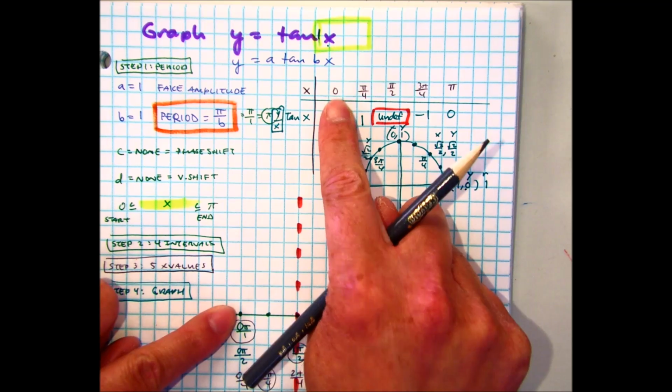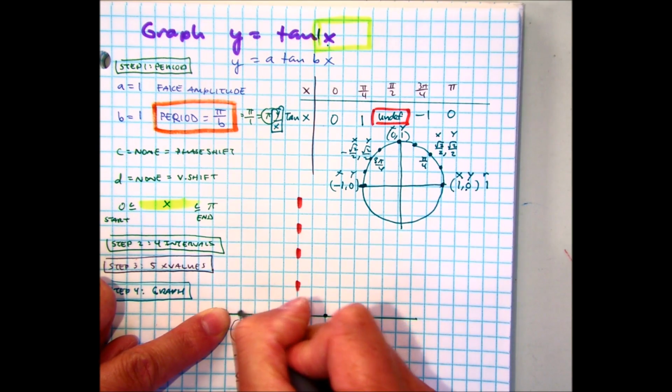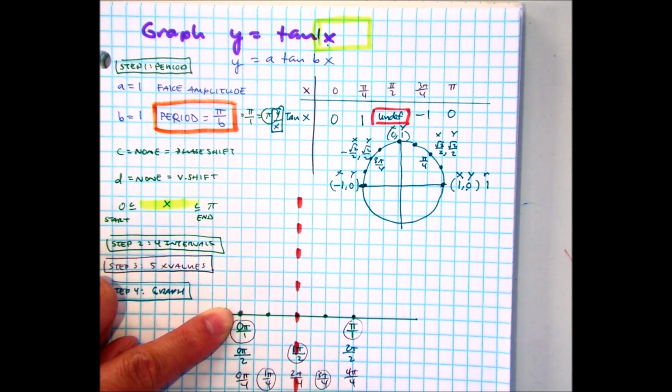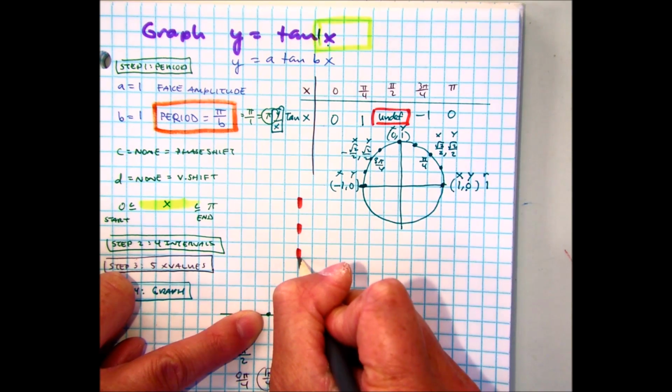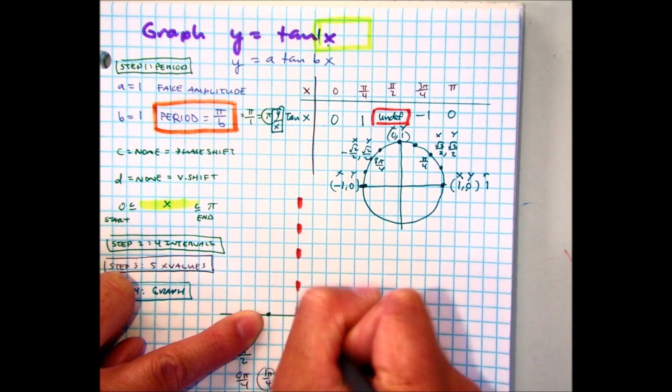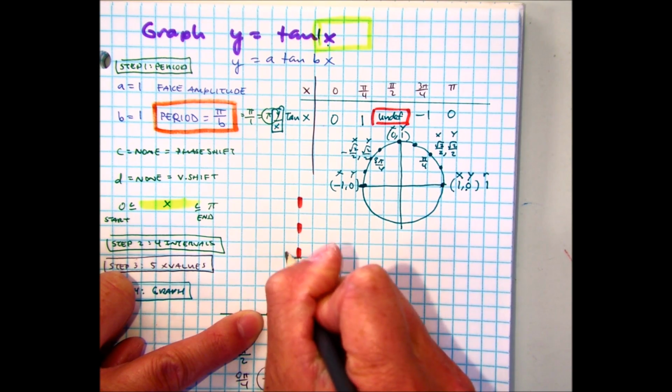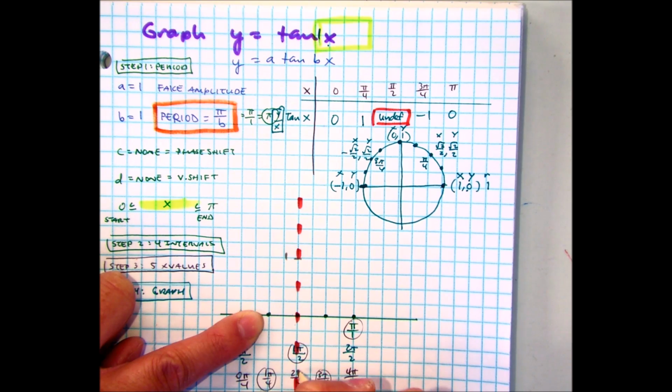At 0, I have 0. At pi over 4, I have 1. You can arbitrarily draw 1 wherever you like. So I'm going to do 4 boxes. That means 4 boxes down will be negative 1.